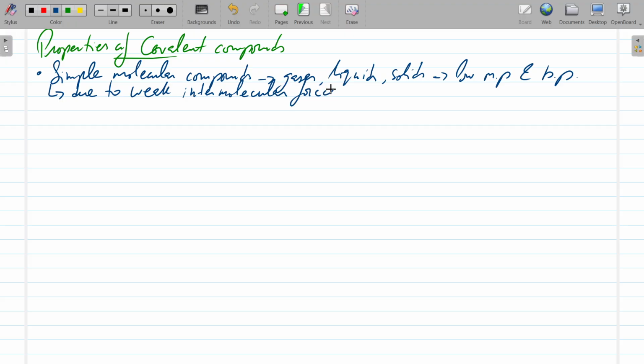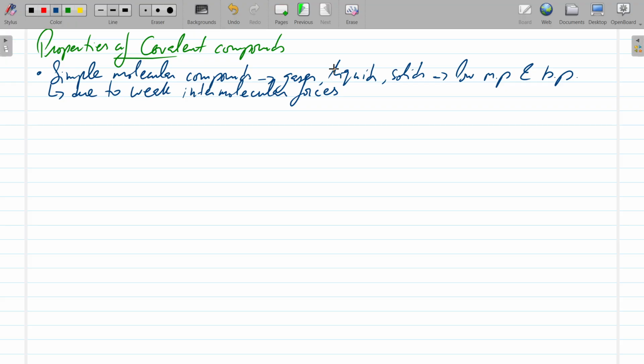Now just to further understand what they mean by that, when we talked about ionic bonding, we said ionic compounds have high melting and boiling points, because the electrostatic attraction between the ions is so strong that you need to input a very large amount of energy. You need to heat them up to a high temperature to cause the ions to split or to move away from each other.